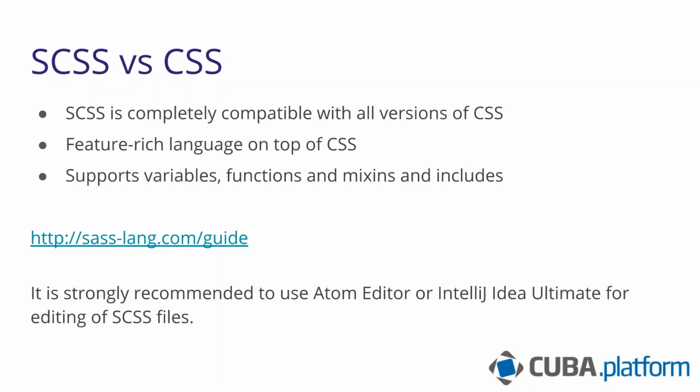So if you know CSS, you are able to write SCSS styles. But in addition to CSS features, SCSS provides a feature-rich language on top of CSS and supports variables, functions, mixins, and includes, which is really convenient while you're creating your styles.